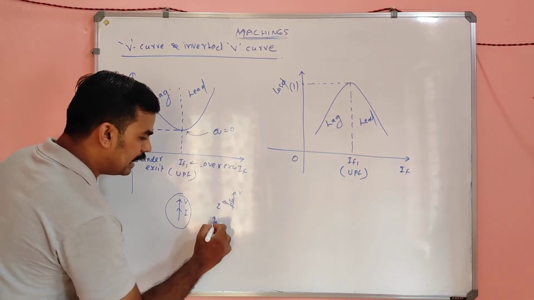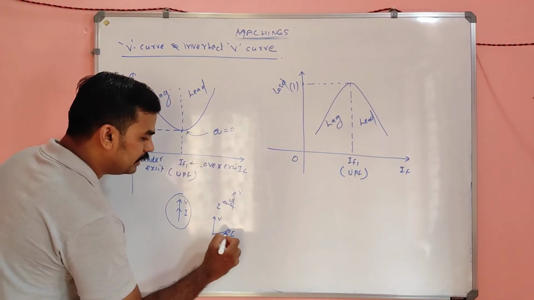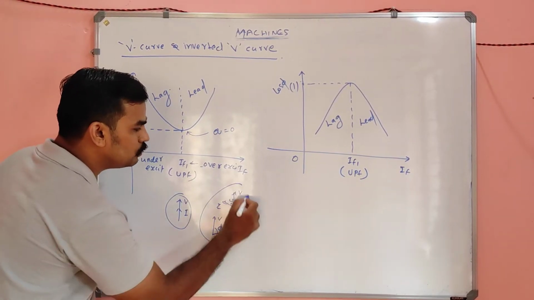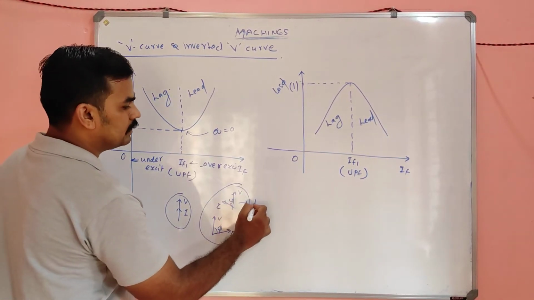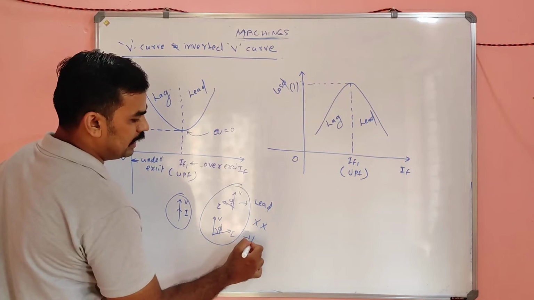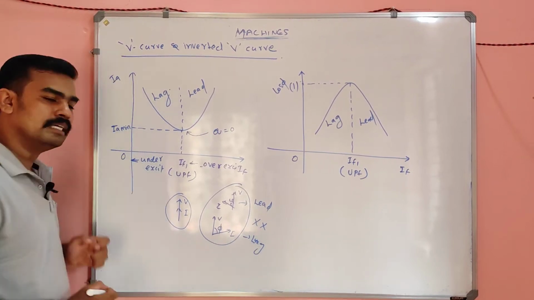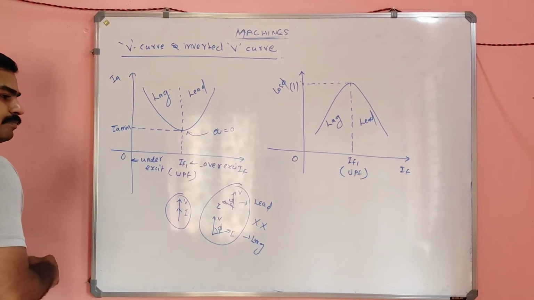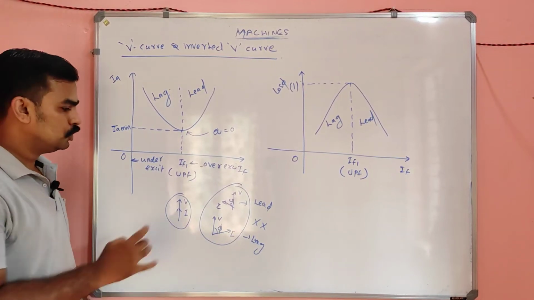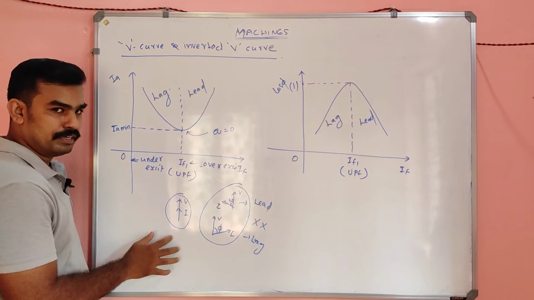These two situations, one is lead and one is lag, are not advisable. Both are not good for the operation of the machine. Is it clear? So we need the preferred condition.